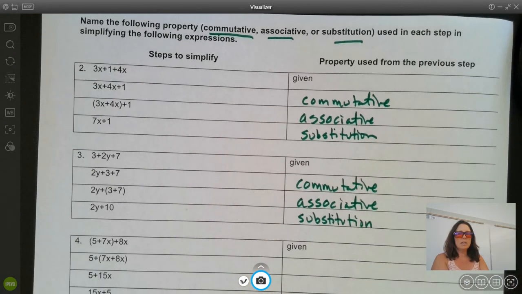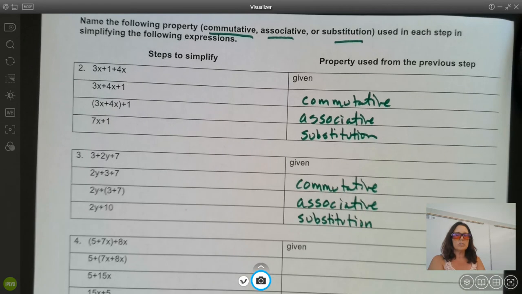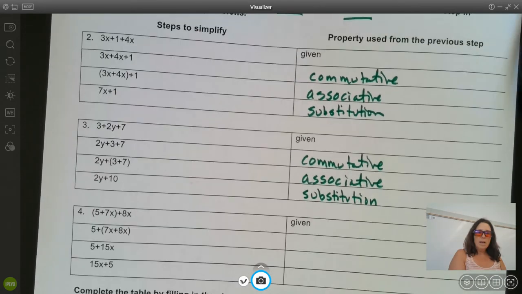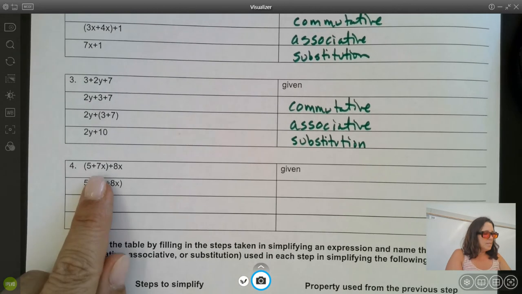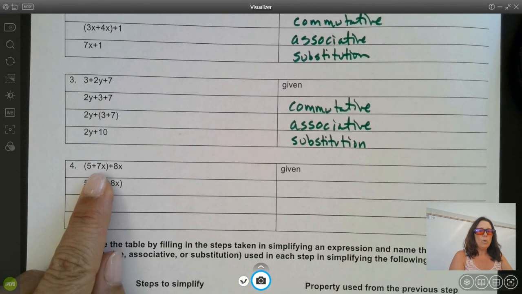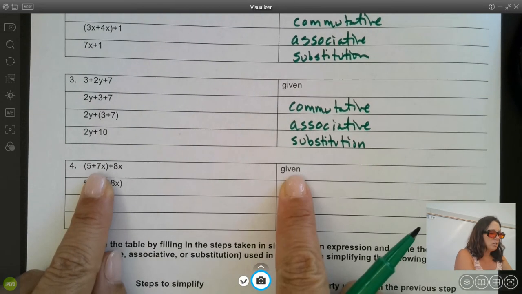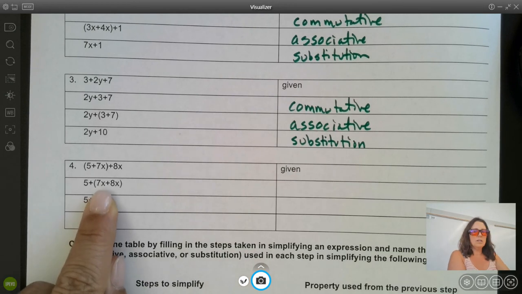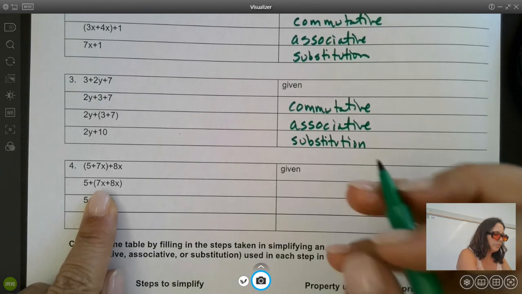Okay, don't be thinking that they're always commutative, associative, substitution. Okay, I think the next one's a little different. All right, this guy. What changes? This is our given expression. What changes from here to here? Do you see that the parentheses scooched to group something different?